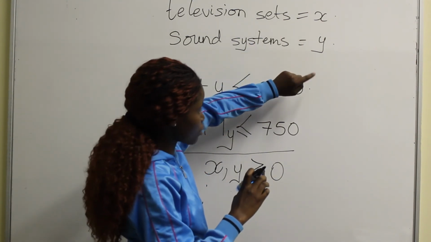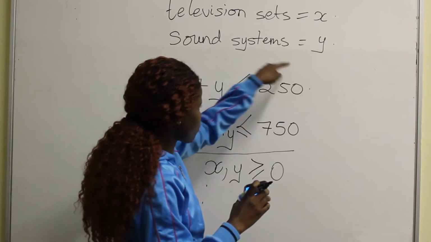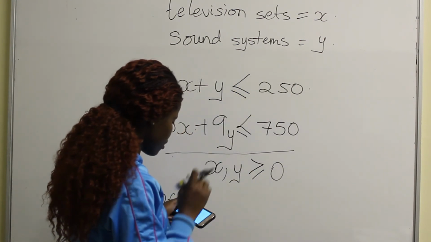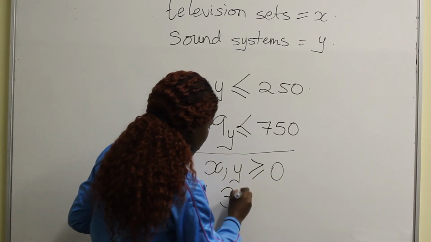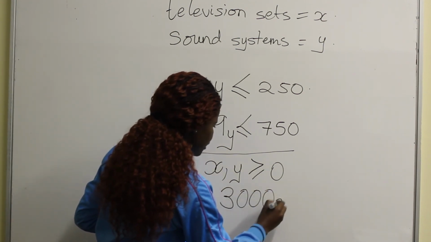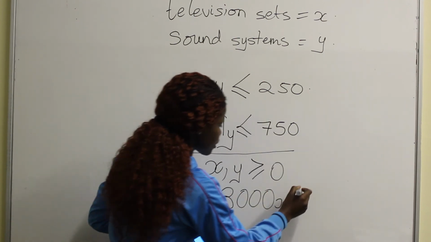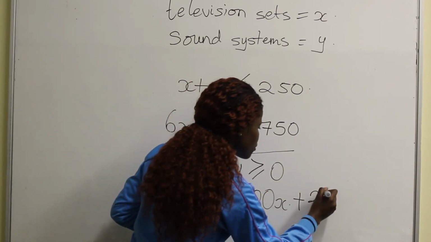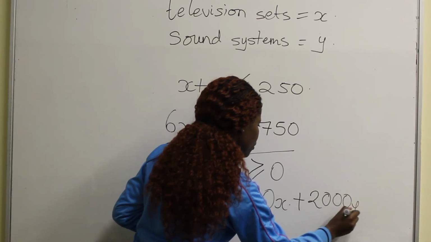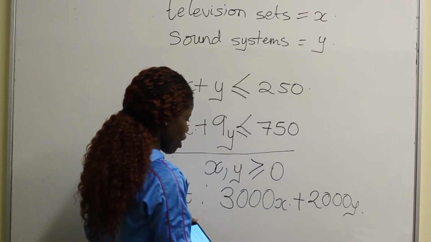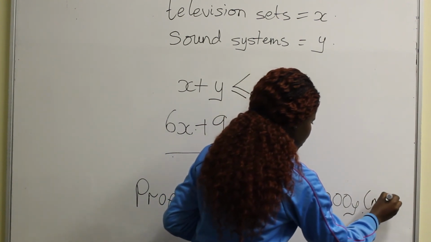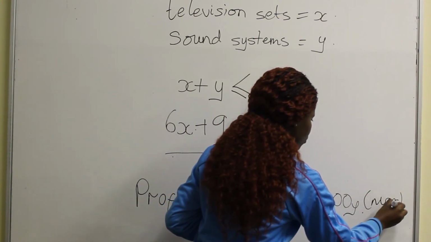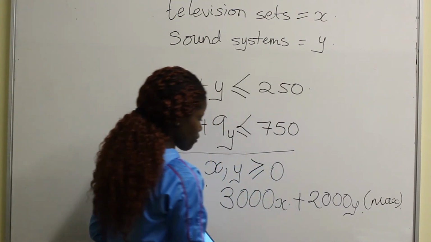Then for me to acquire 2,000, I would have sold the sound systems. Therefore, for this particular company, you have to get 3,000 X, that's for the television sets, plus 2,000 Y for the sound systems. This is the function that is used to maximize the profit.